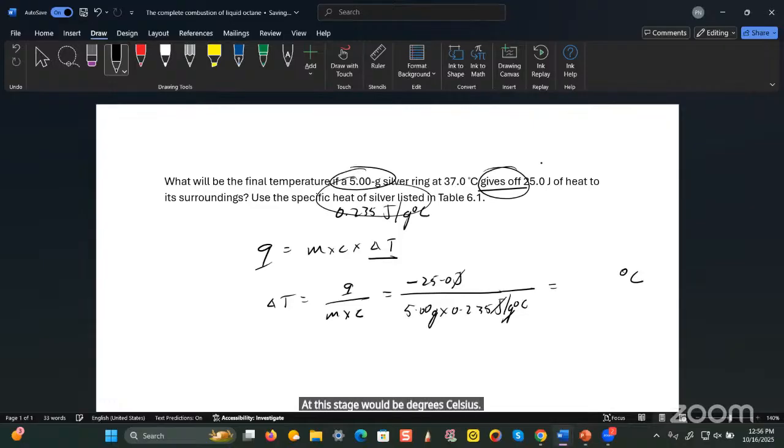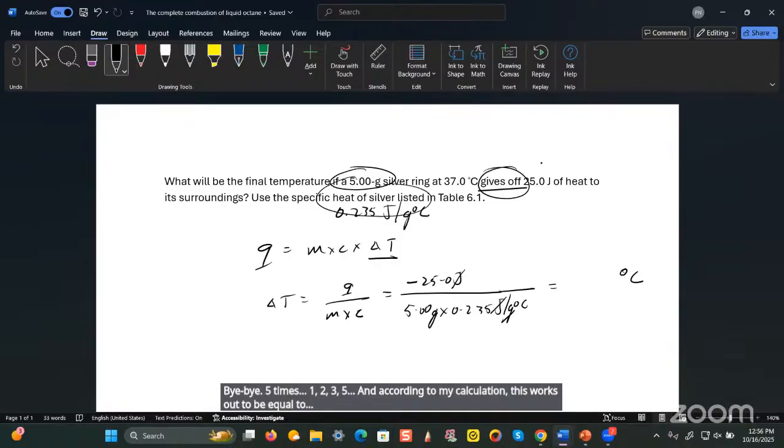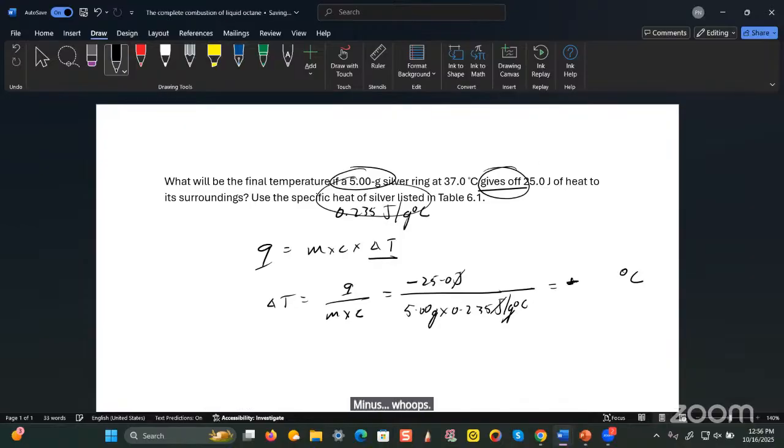So let's do the calculation. Minus 25 divided by 5 times 0.235. And according to my calculation, this works out to be equal to minus 21, how many sig figs? 3 sig figs.